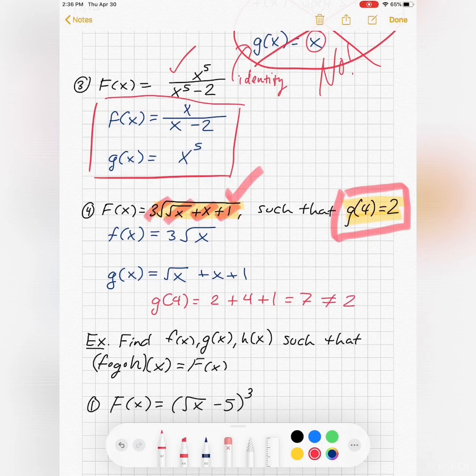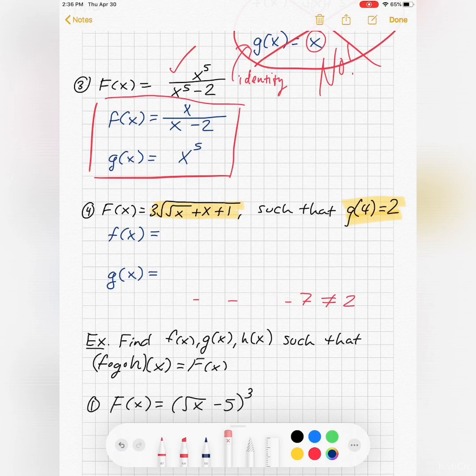That is not 2. So this set of functions gives me the right composition, but does not satisfy the second condition. Okay, so that means I have to try something else. It doesn't work. Okay, so what's another idea?